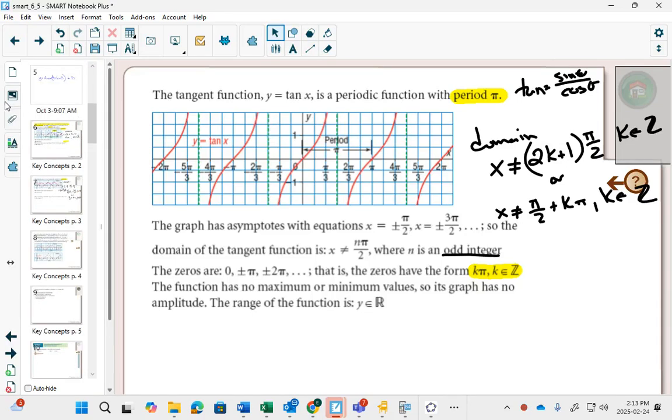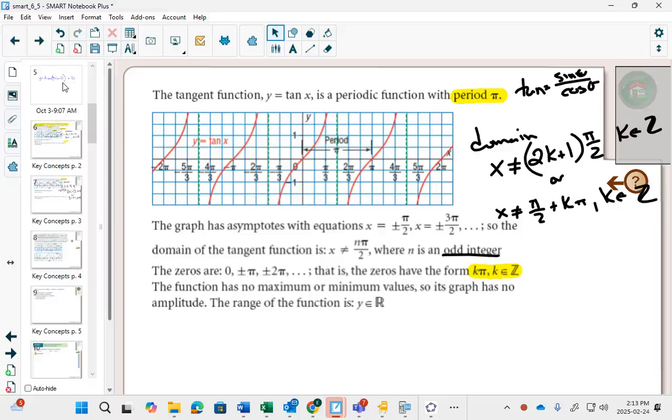So what's going to happen next is we are going to take these as our 3 new parent graphs. And we're going to revisit our first unit and do stretches, compressions, reflections, translations, all of that together.